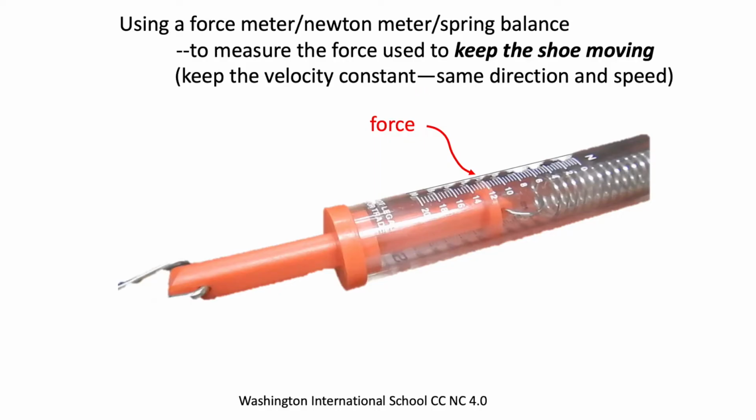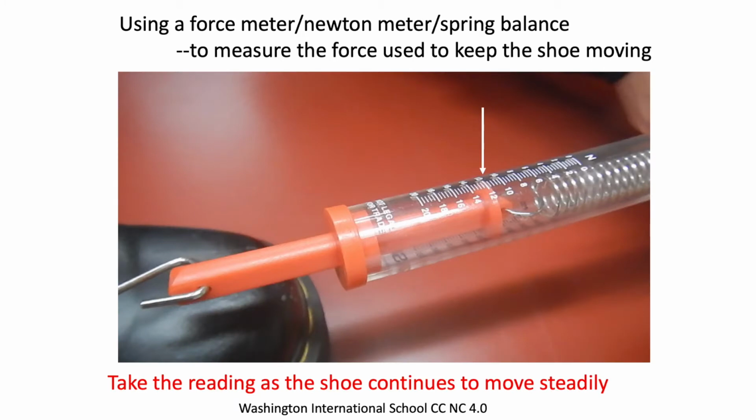You'll see the plunger within the force meter and the point at which you read the force that is applied. But you've got to keep the shoe moving. Now it has to continue to move steadily as you're reading it, and not accelerate and not change direction.